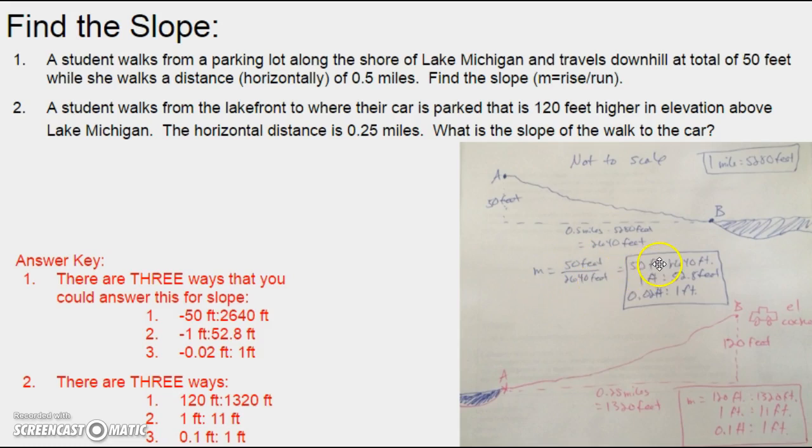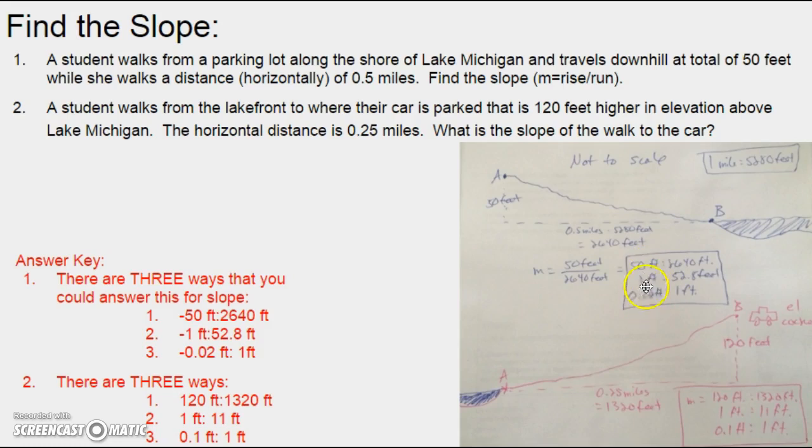I could say this as a ratio of a downward 50 feet for every 2,640 feet of run. But that's not simplest terms. So I could divide both sides by 50 and get negative 1 foot per 52.8 feet. And I could divide even further, dividing both sides by 52.8, and I would find negative 0.02 feet per 1 foot I walk horizontally.